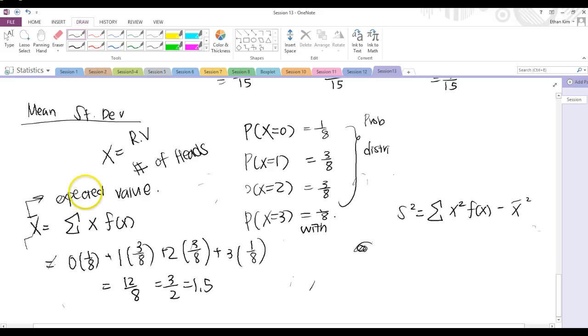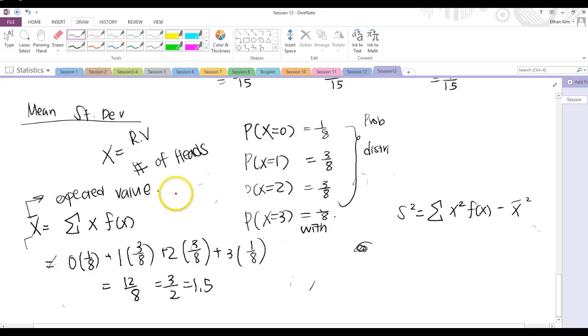What I mean by expected value is that on average, we are expected to get this value when we are looking at this probability function. It's misleading, because you're never going to get 1.5. It's not possible, because it's either 0, 1, 2, or 3, and there is no value for 1.5.